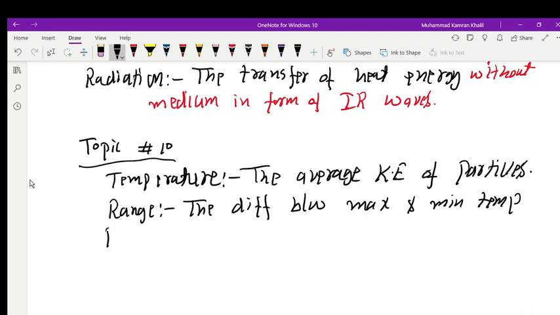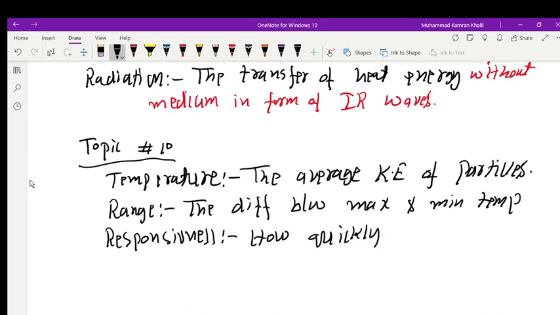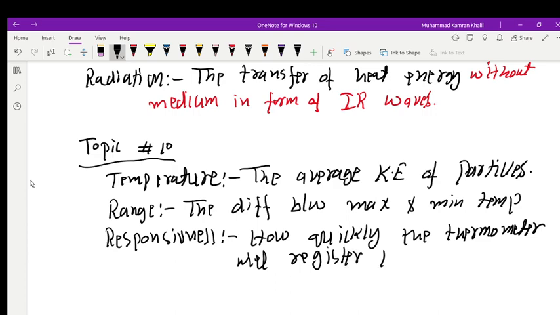Then responsiveness: how quickly the thermometer will register temperature.